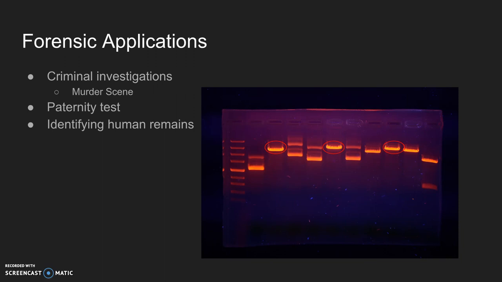Ethidium bromide is excited by the UV light, and as such, it emits an orange light. An identical band pattern produces strong evidence for a suspect being guilty of the murder in a gel electrophoresis chamber.